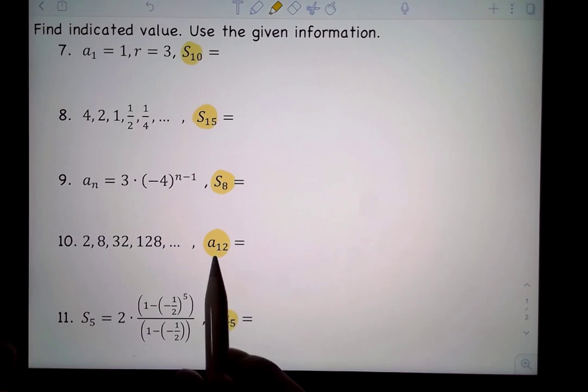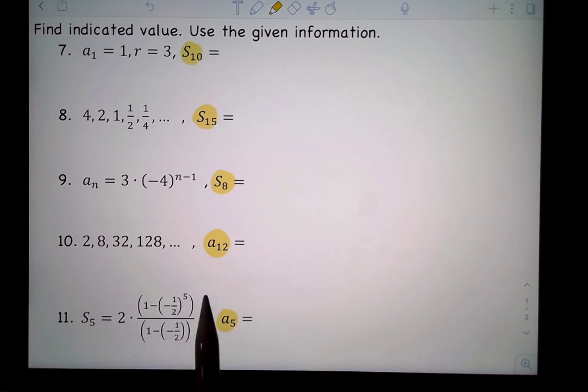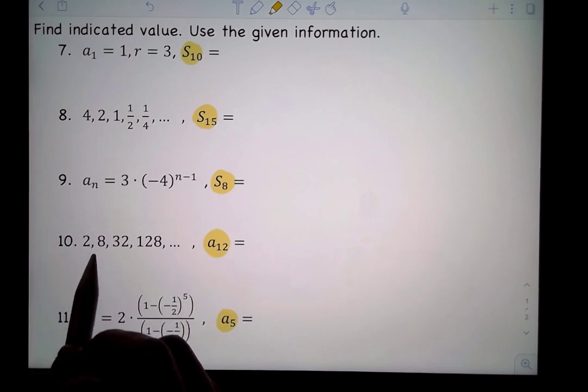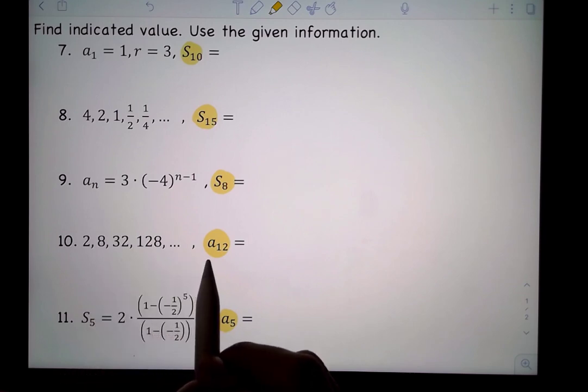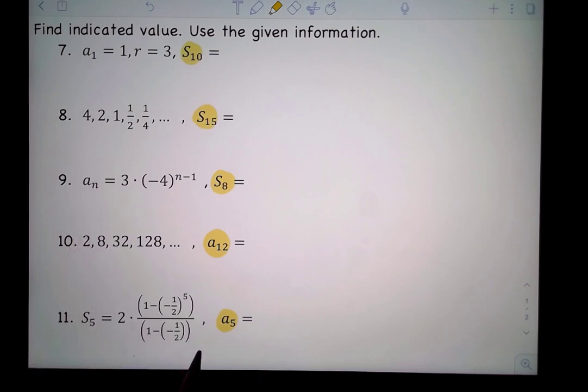We're getting the term, right? When you list them up, which one will be there in 12th? So this is A1, A2, A3, like that. So you're just looking at A12, not the sum. All right, so 7, 8, 9, you're getting the sum. 10 and 11, you're getting the term. All right, so let's go.